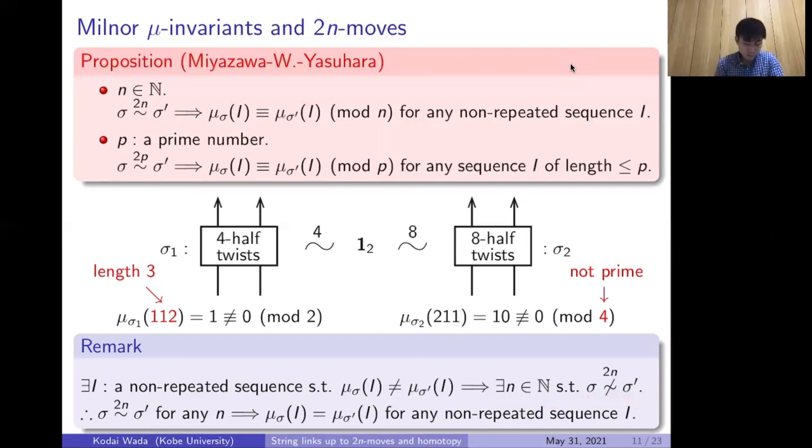By contraposition, if sigma and sigma prime are 2n-equivalent for any n, then they have the same mu invariant for any non-repeated sequence I. This observation gives an interesting result. We will explain such a result in the next slide.